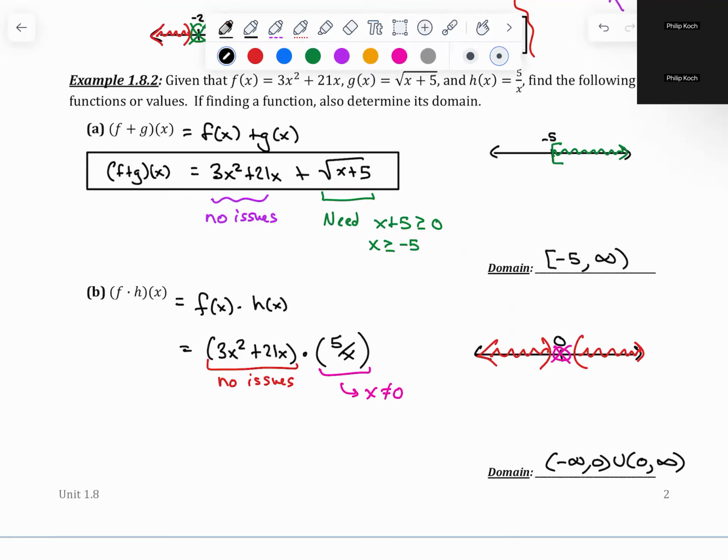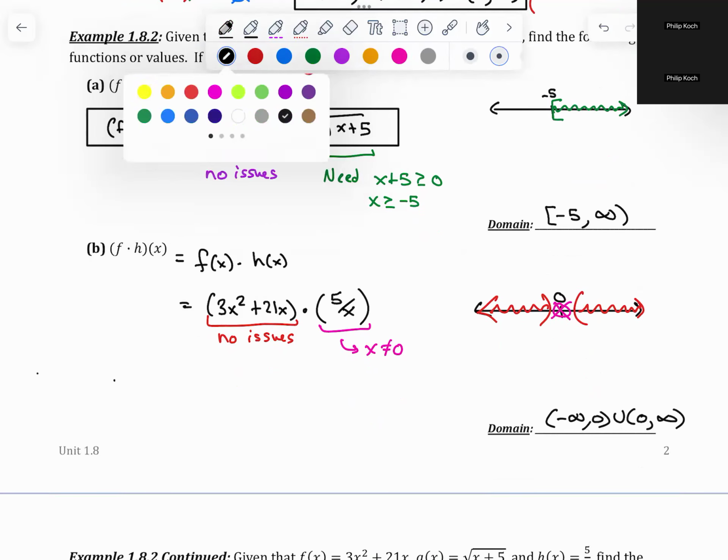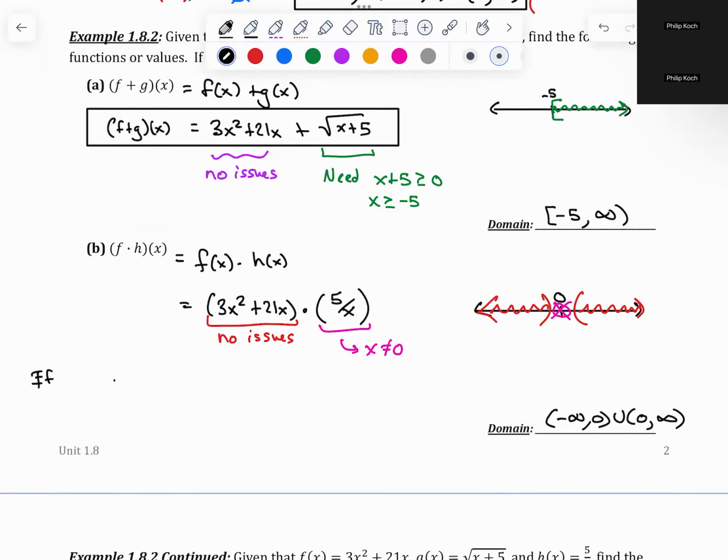Now that we've found the domain, now if the question asks us, I mean, granted, the question didn't ask us to simplify. So we'll leave it as is. So I should probably add that in, that I want you to simplify it. So I'm not obeying my own rule, but if asked to simplify, then we'd write this as 3x times x plus 7 times 5 over x.